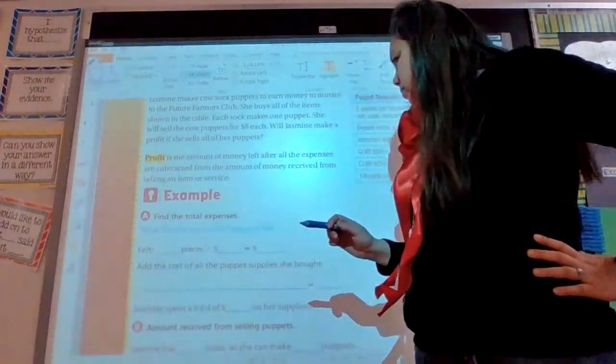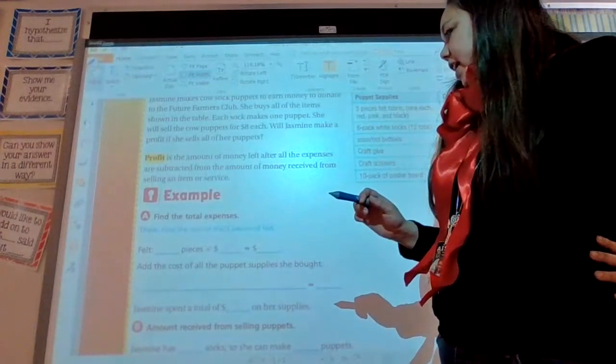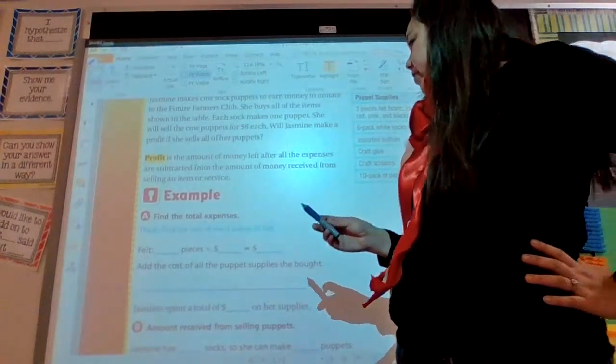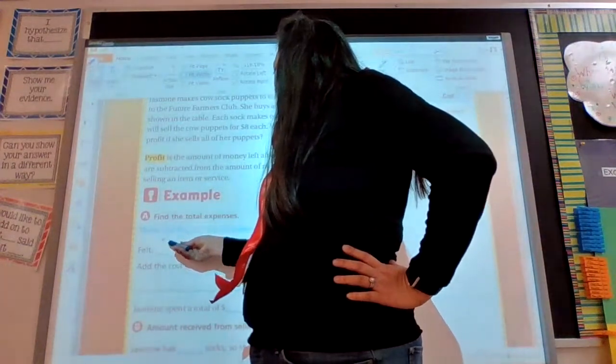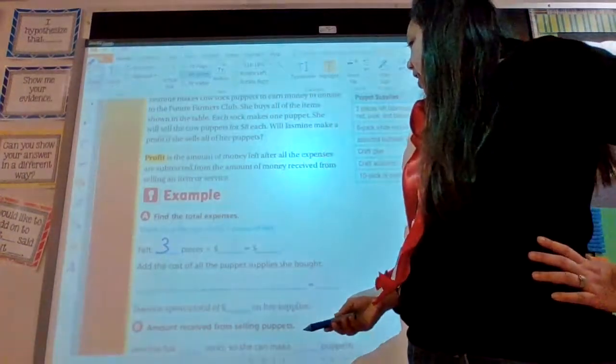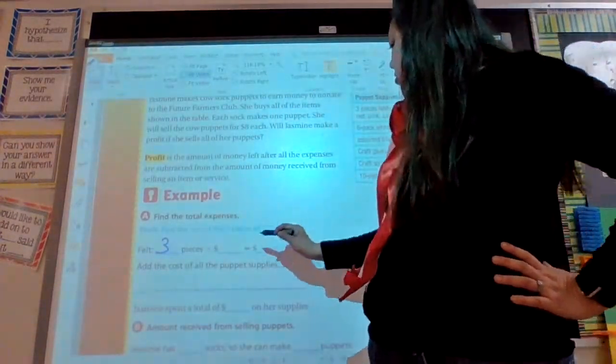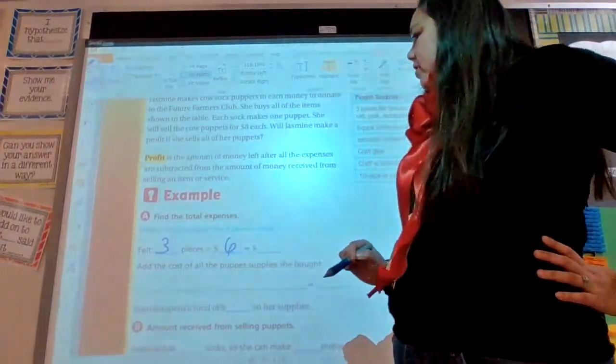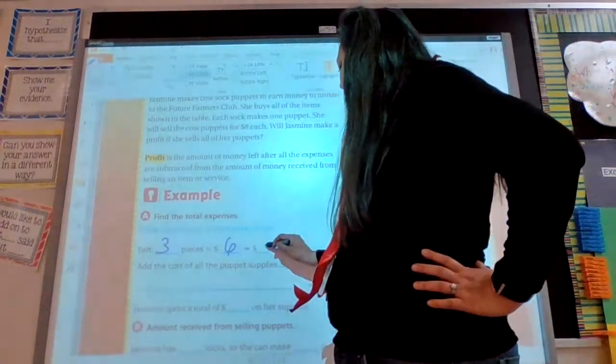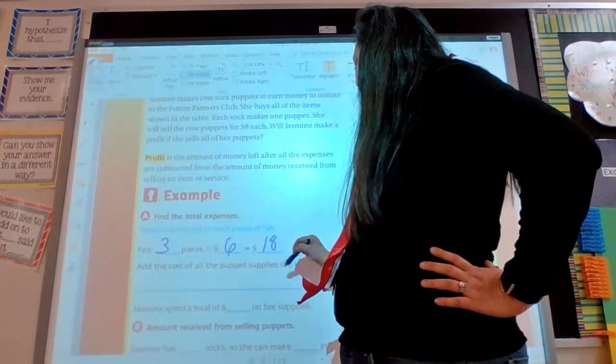Find the cost of the 3 pieces of felt. So she needs 3 pieces of felt. And how much do they cost? They're $6 each. So we're going to take 3 times 6, which is 18.